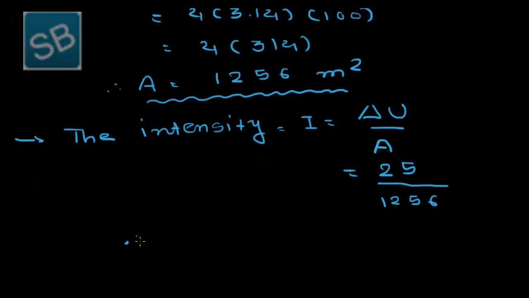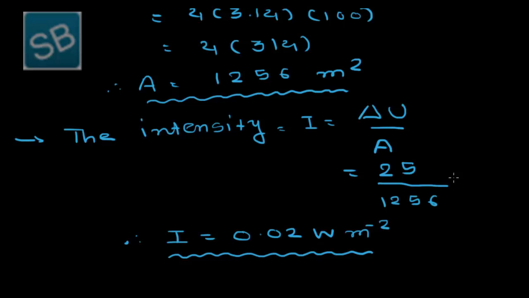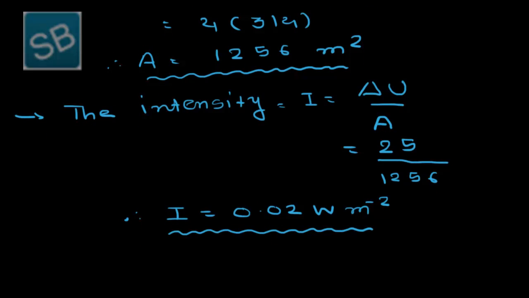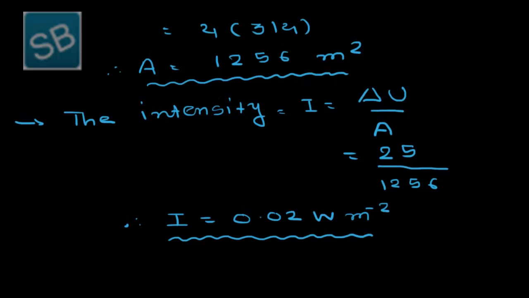Therefore, I is equal to 0.02 watt per meter square. And we know one relation that intensity is related to the RMS component of the electric field E. I is equal to epsilon 0 into C into E RMS square. So with this relation I can find out the value of E RMS square.